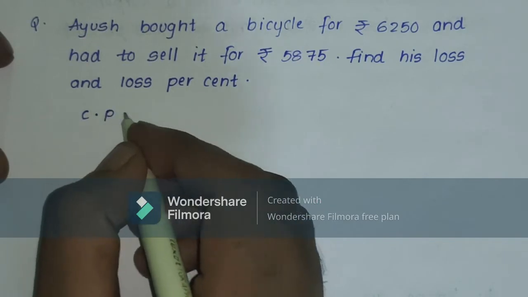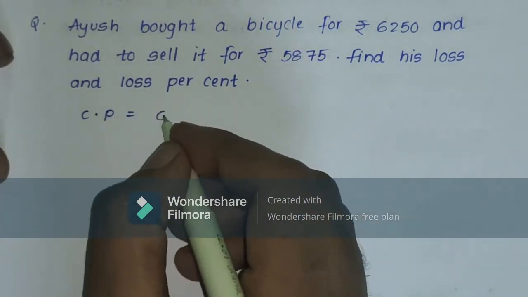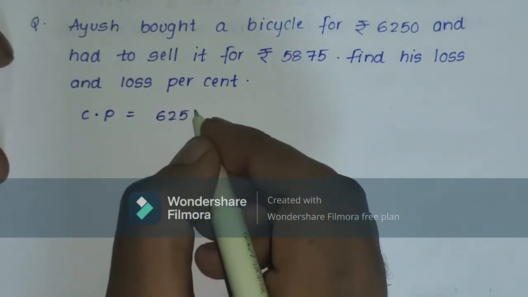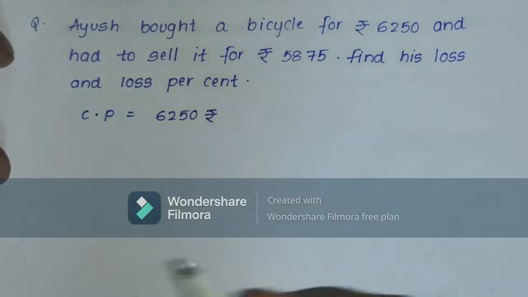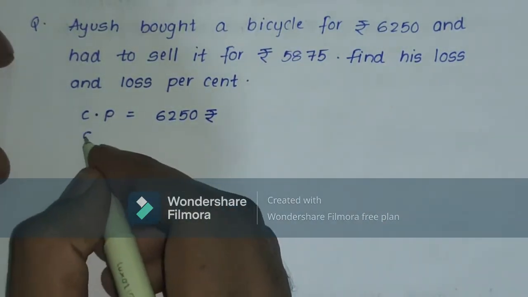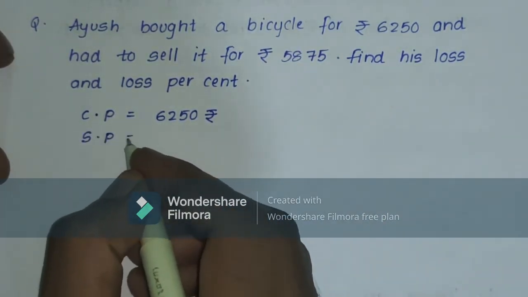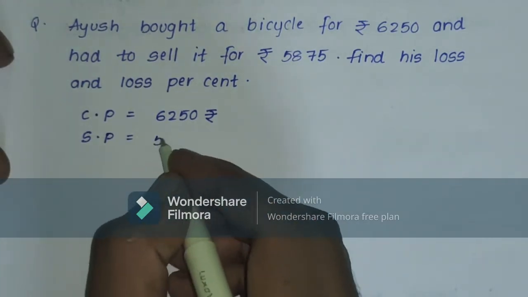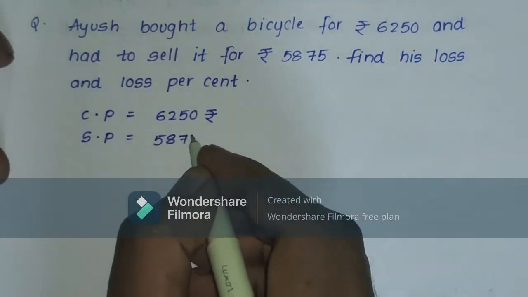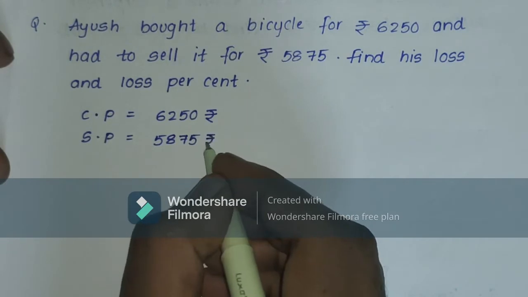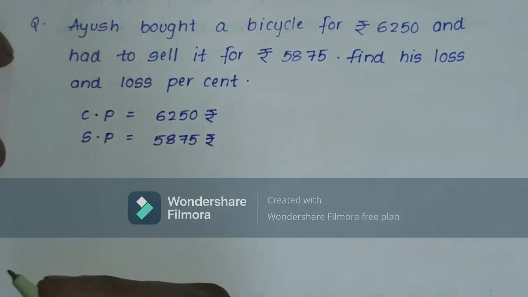CP is equal to 6250 rupees, whereas SP is also given, 5875 rupees, right student?